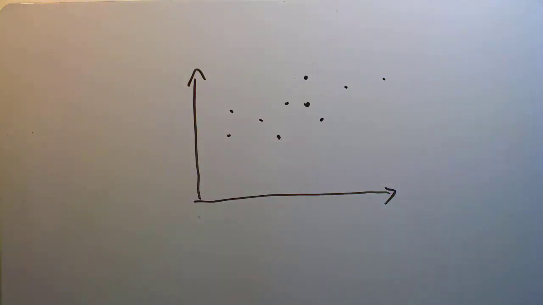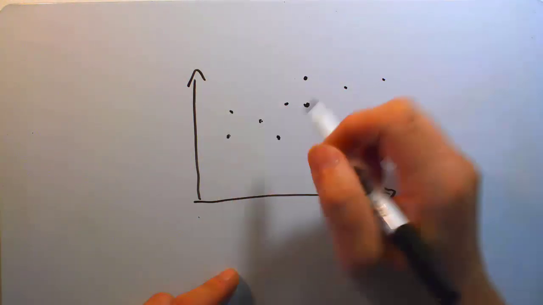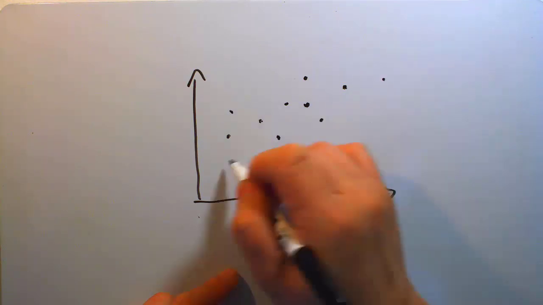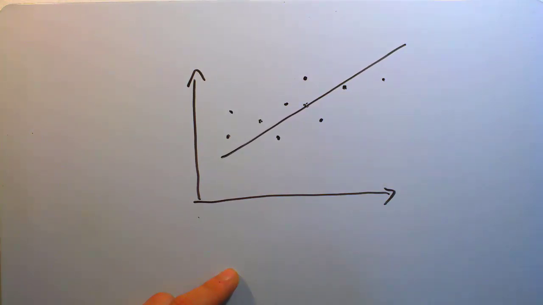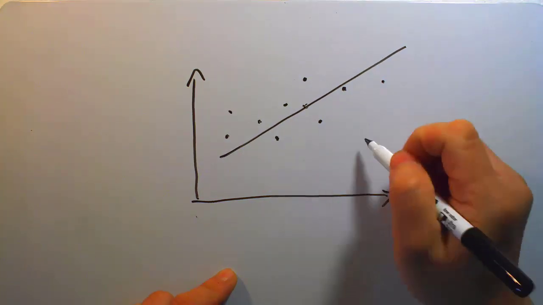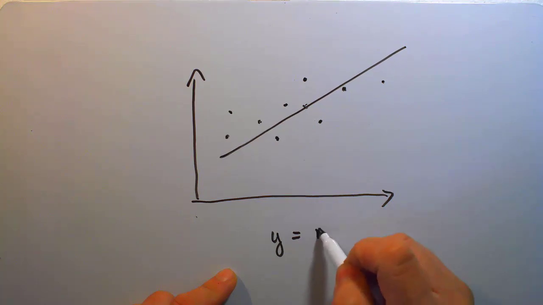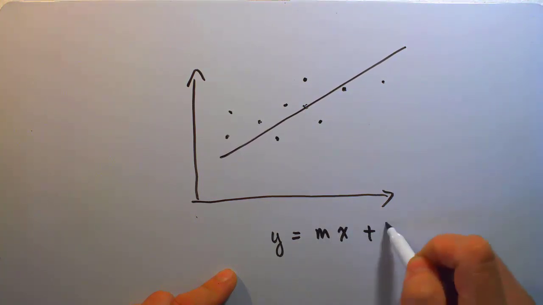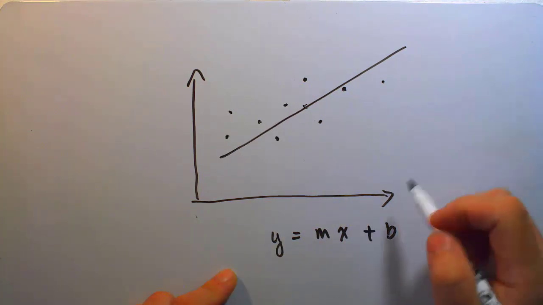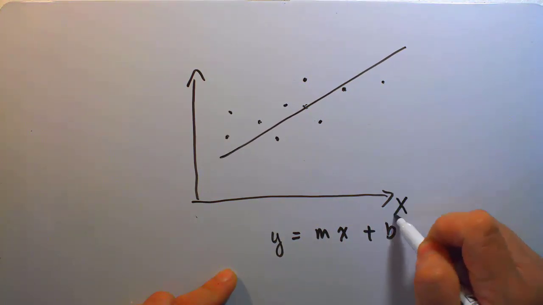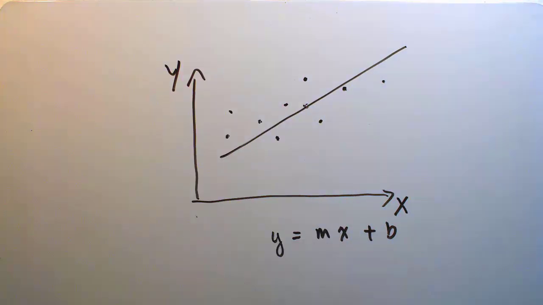Let's draw a different line from scratch again. Anytime we're looking at a line, the line has an equation, and that famous equation for any line is y equals mx plus b, provided that we're putting the x data as a variable on the horizontal axis and the y data as a variable on the vertical axis.